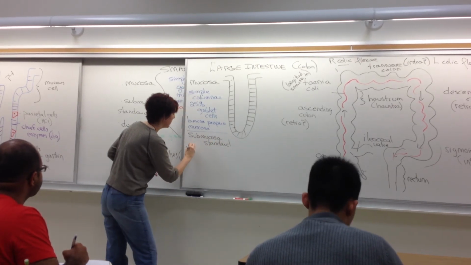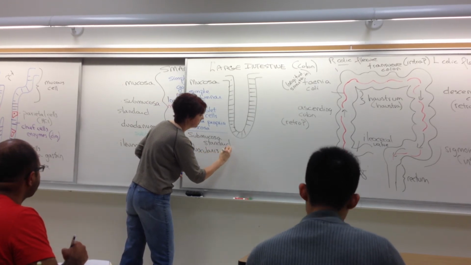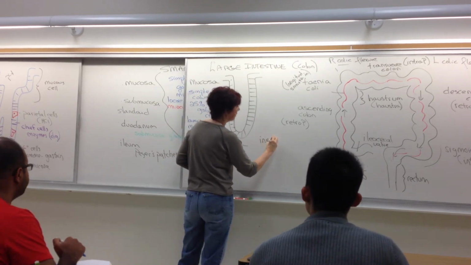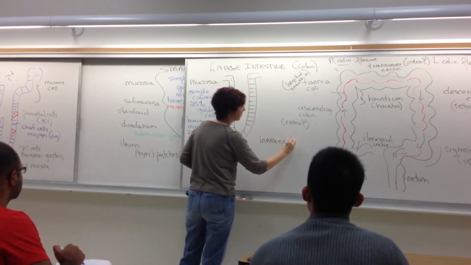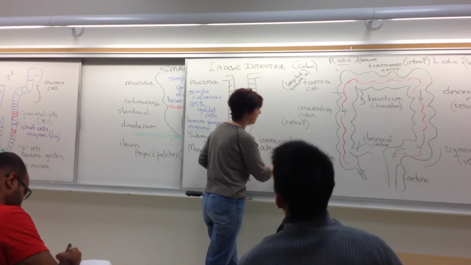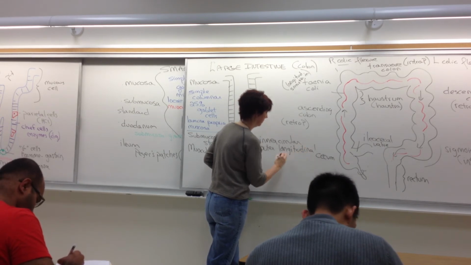However, when we get to our muscularis externa, we have our inner circular layer, but the outer longitudinal layer is restricted to those Taenia coli.